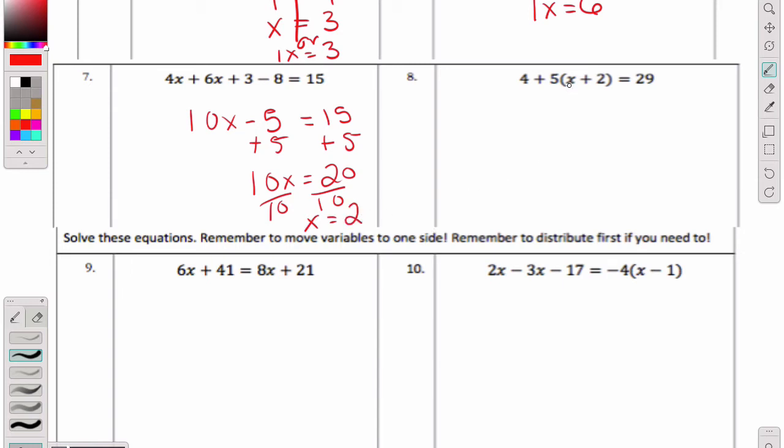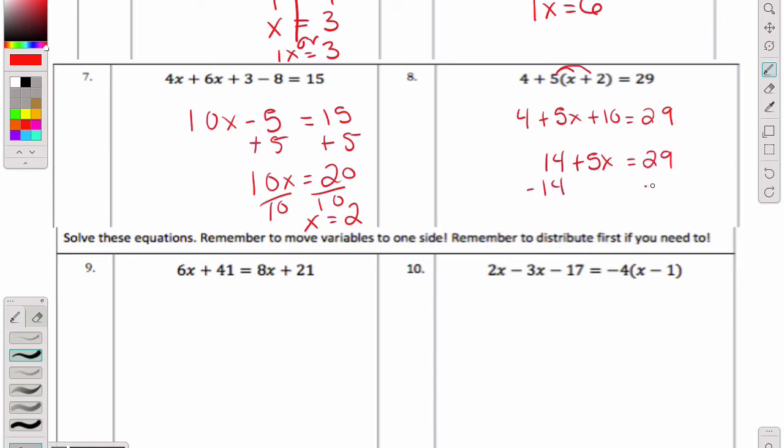Okay, this one is a little bit more tricky since we have the distributive property, so we're going to do that first. So we got 4 plus 5x plus 10 equals 29. All right, I'm going to combine my 4 and my 10 first, so I got 14 plus 5x equals 29.